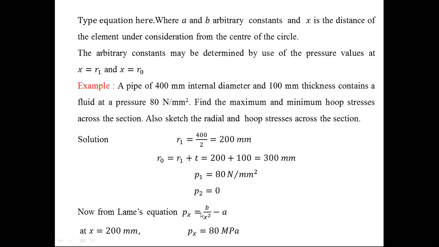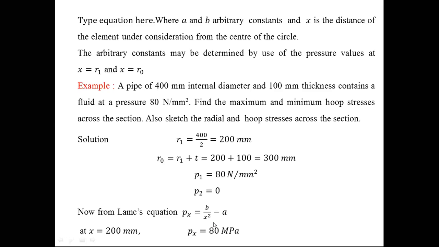So use this equation: Px is equal to 80, x is equal to 200, you don't know b and a. You get equation 1. And x is equal to r naught. What is r naught? 300. What is the pressure at the outer side? 0. Therefore, Px is equal to 0. B by 300 square minus a equal to 0.